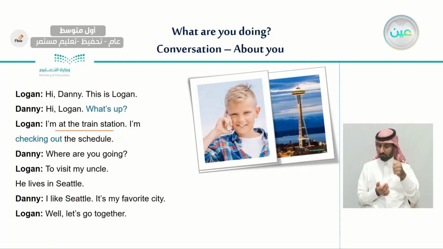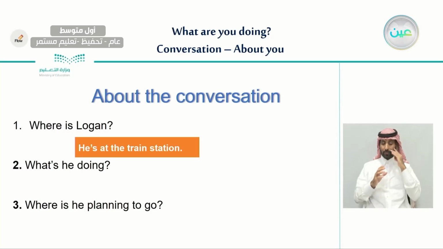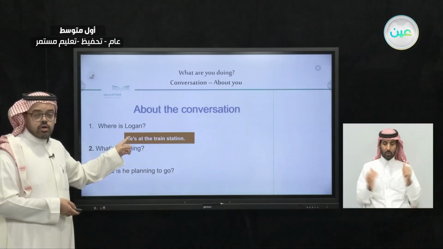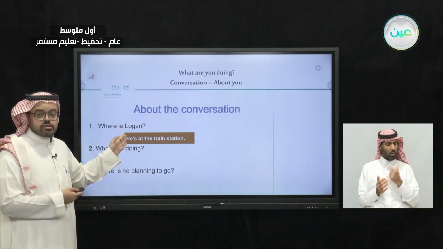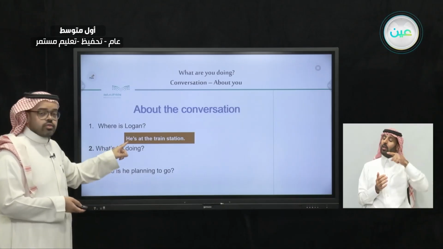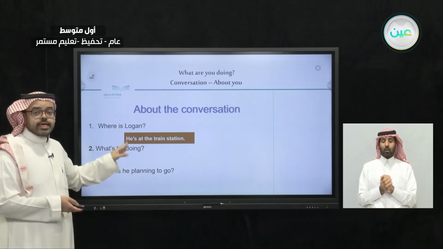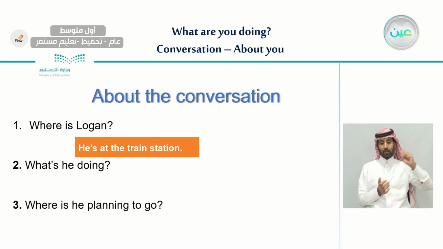Yes, Logan says, I am at the train station. So now we'll go back to the question and write down the answer. We don't have to mention Logan's name. We only use the personal pronoun. He is at the train station.